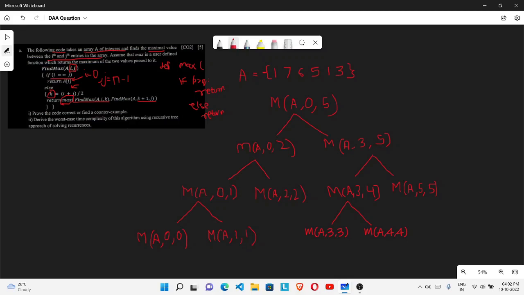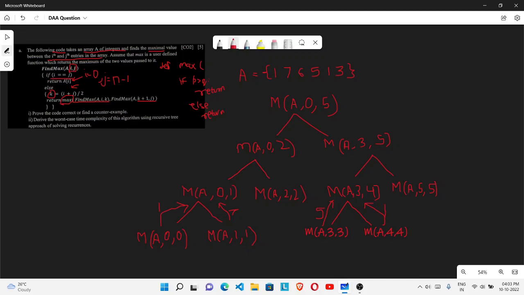In this case, I'll be returning the element at that index. So this returns the element at index 1, which is 7, and this returns the 0th index, which is 1. This returns index 3, which is 5, and this returns the next one, which is 1.